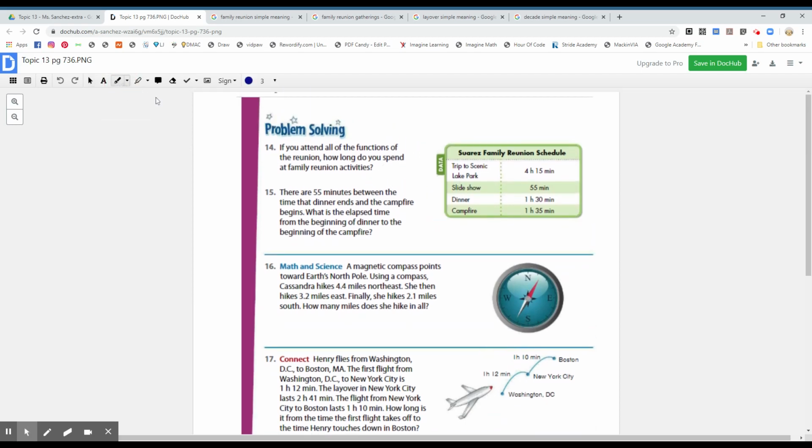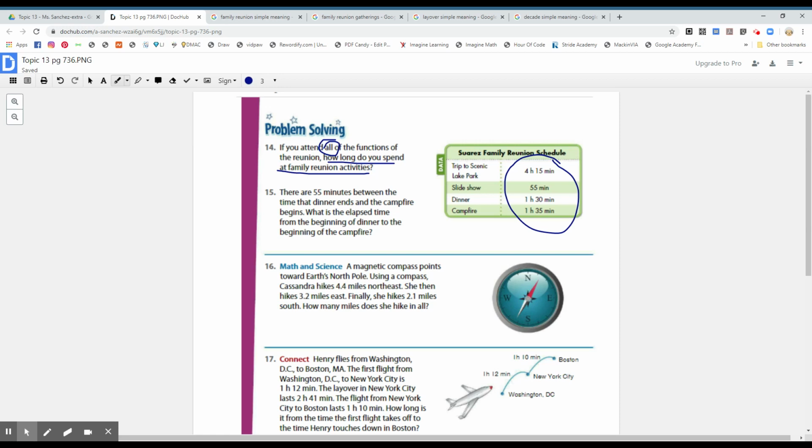We're going to have to add all of these, boys and girls, for number 14. How long do you spend at the family reunion? And it says attend all of the functions. So boys and girls, we're going to have to add these. So you gotta be careful, boys and girls.